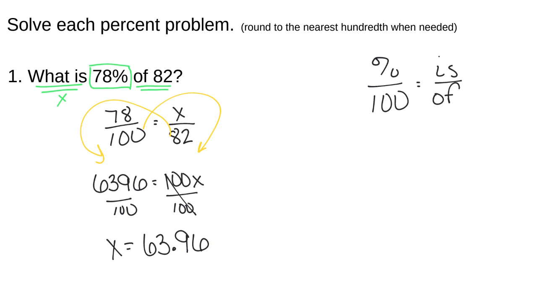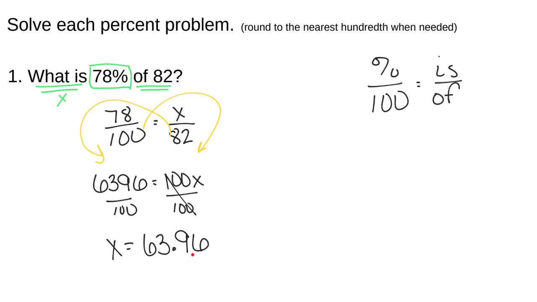Now let's do a couple of things before we're done. First, it says round to the nearest hundredth. So we should have 2 numbers after our decimal place, which we do. Second, we need to make sure this makes sense. Remember, another way to think about this is part and whole. If we're doing 78% of 82, this should be a part of 82.